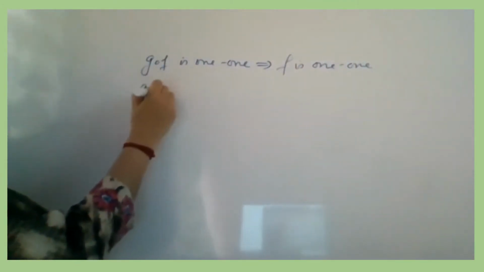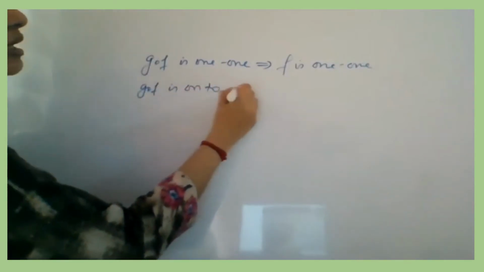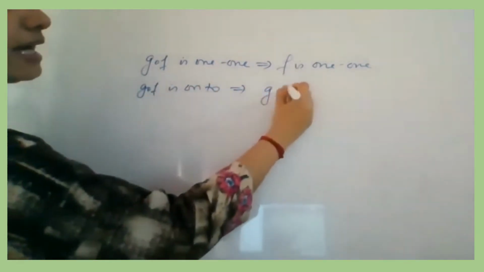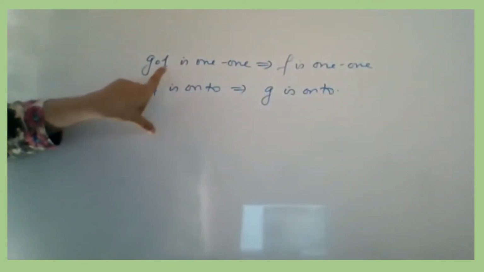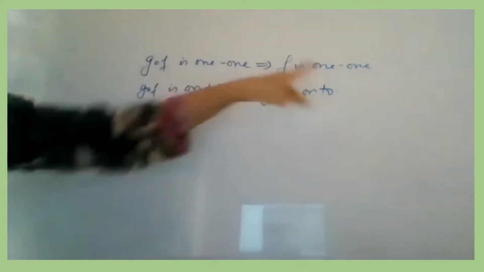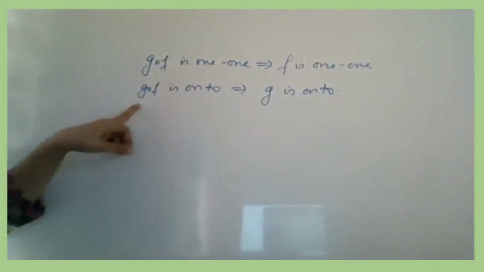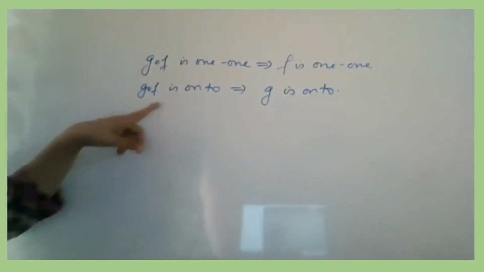And if G composition F is onto, then it will imply that G is onto. Got it? The first function is 1-1 if the composition is 1-1, and the second function will be onto if the composition is onto. Okay, this is the point you have to remember.